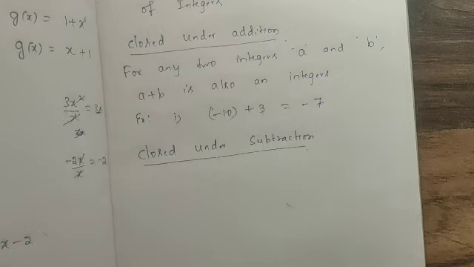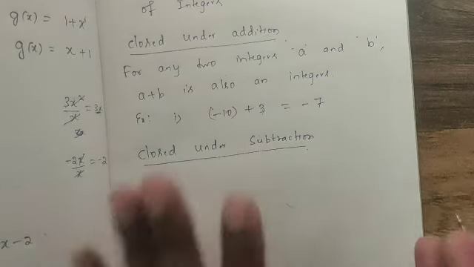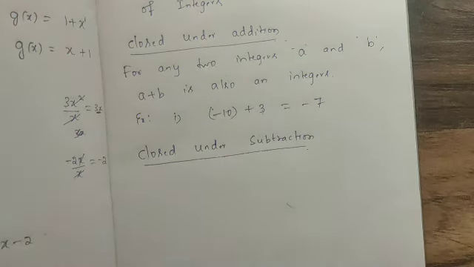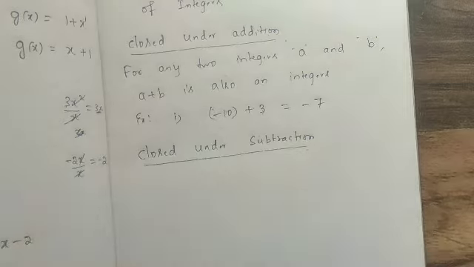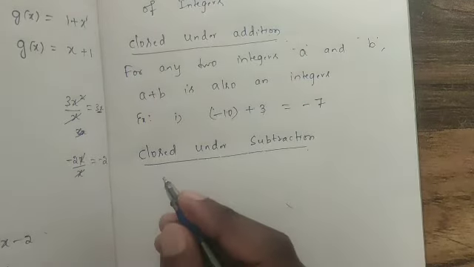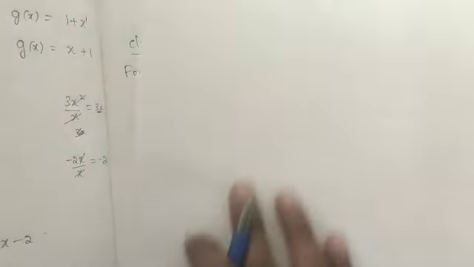That is the question. If the result is an integer, then it is closed under subtraction, that is, the closure law is obeyed. Closure law under subtraction is applicable, and closure law under addition is applicable. So let me take any two integers, subtract them, and see the result.